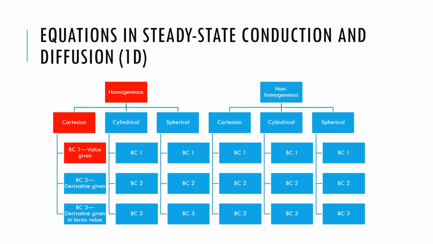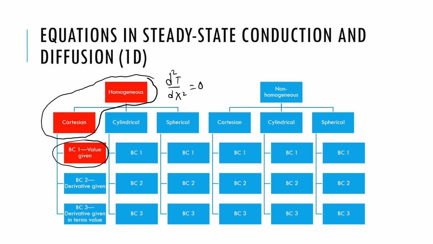This is absolutely the simplest situation, where we're talking about a homogeneous equation in Cartesian coordinates. In other words, we're solving this equation, which is nearly trivial, for the boundary condition of value given, which is also called the Dirichlet condition.